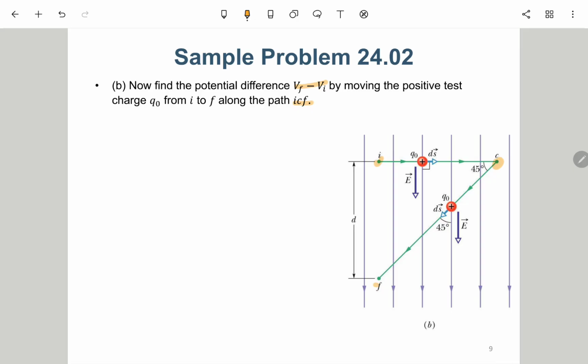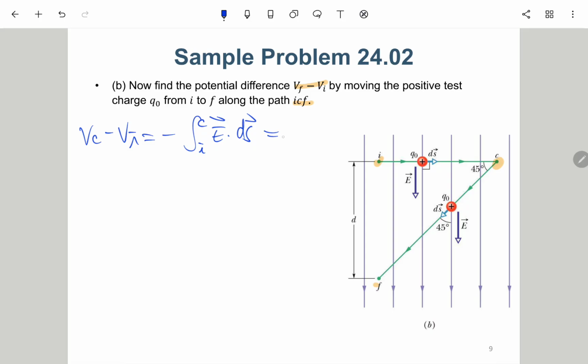First we go from I to C, which is Vc minus Vi, the negative integration of E dot ds from I to C. This is a straight line from left to right, so ds points to the right all the way, and E is pointing downwards. E and ds are perpendicular to each other, so cosine of 90 degrees is 0.